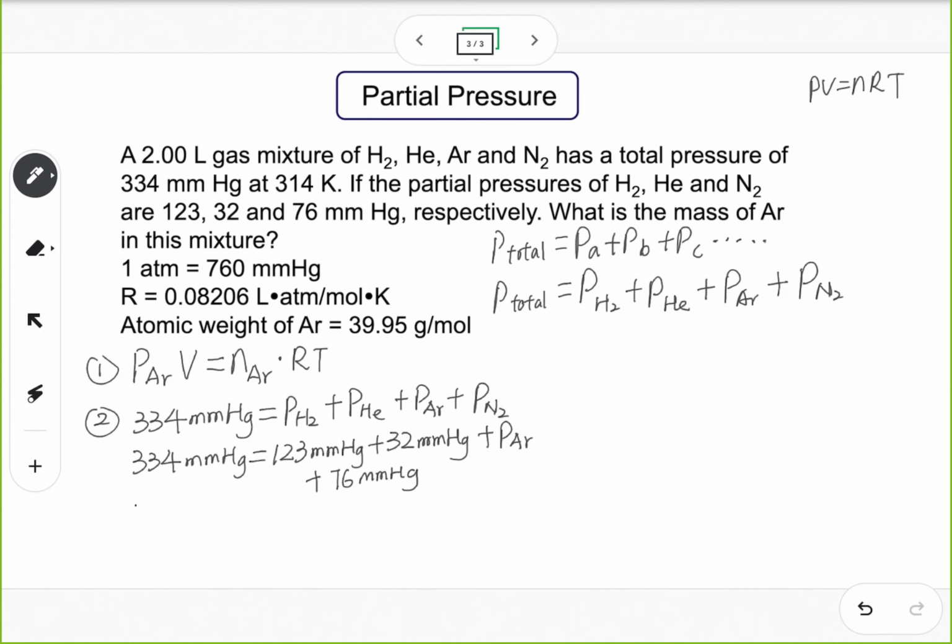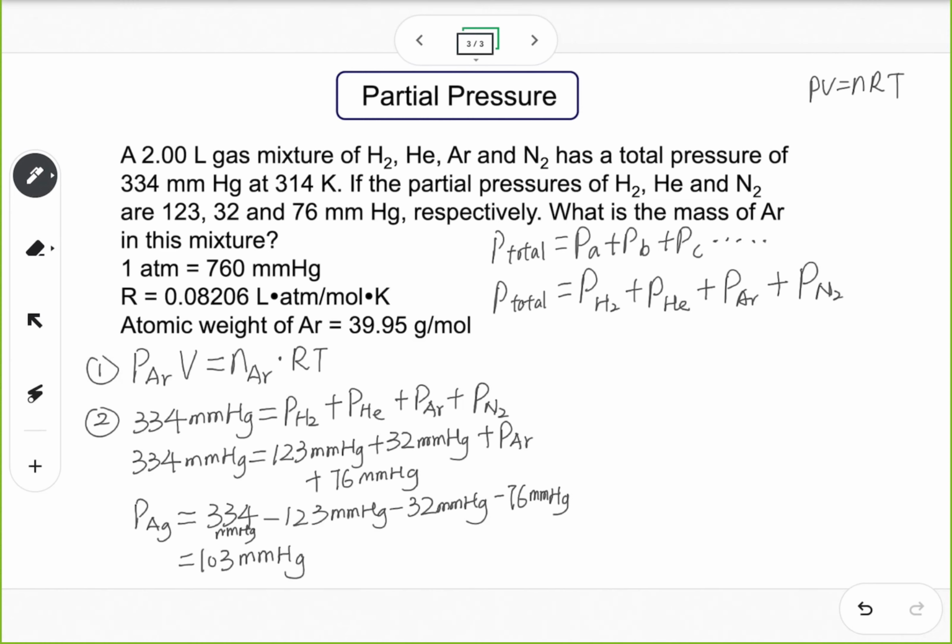All right, so P argon can be calculated. It would be 334 minus 123 millimeter mercury minus 32 millimeter mercury minus 76 millimeter mercury. Okay, so that is 103 millimeter mercury.